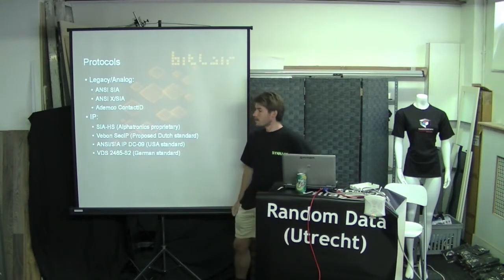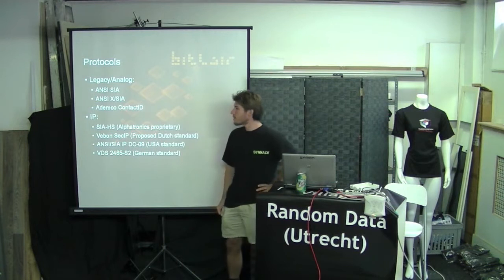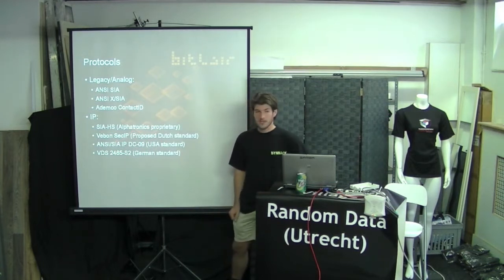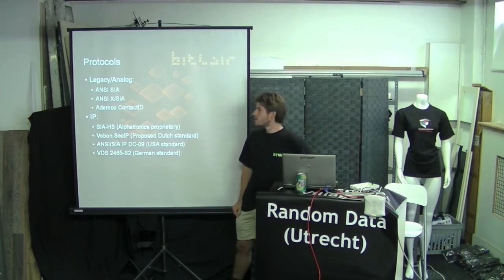There's the SIA protocol, which is basically used for analog phone lines. Same with the extended SIA set, which is basically the same thing, but with a few extensions. And there's Ademco Contact ID, which does not use the SIA codes, but is slightly different, mostly numeric. There are several IP protocol interfaces, which was very late to be standardized.